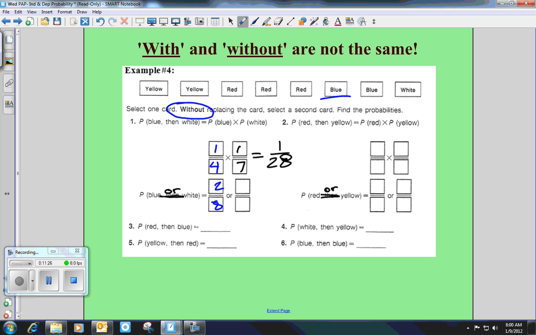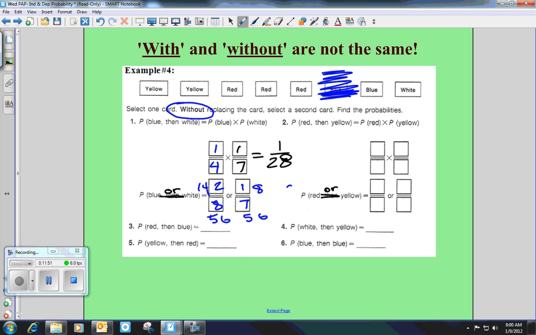But once I take one of the blue cards out, I have a 1 in 7 chance of getting that white. I've got to add these together, so I've got to find a common denominator. And I'm just going to use 56. And I'm going to change my numerators. This one will be times 7, and this one will be times 8.